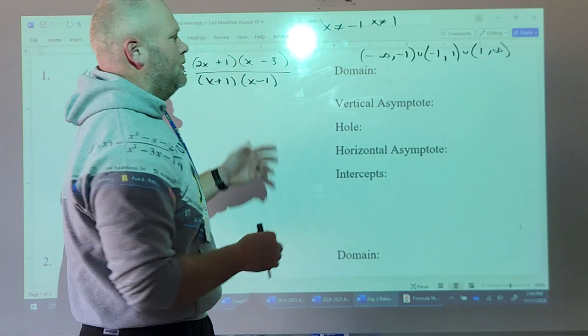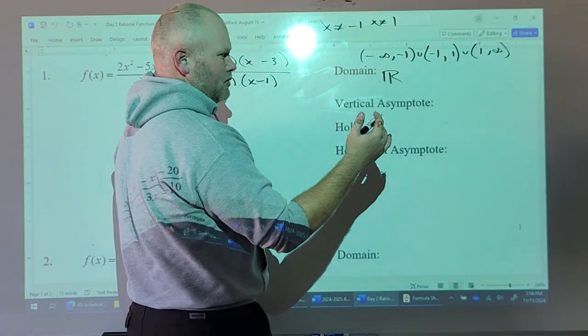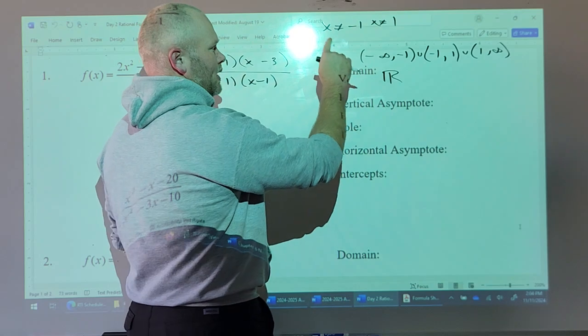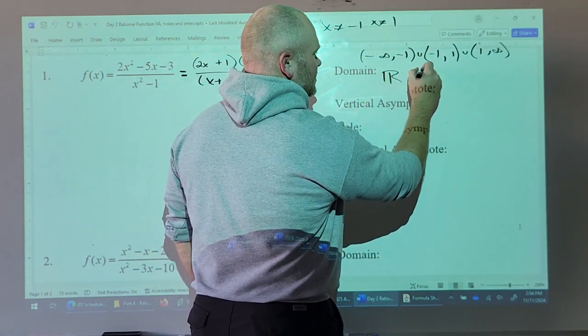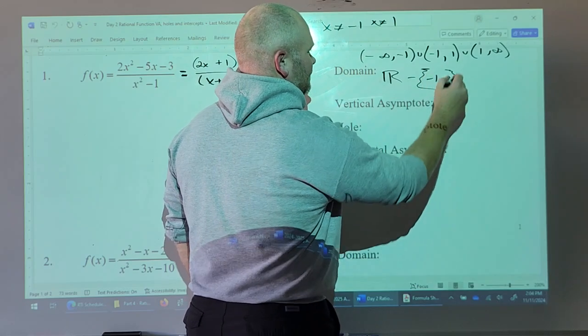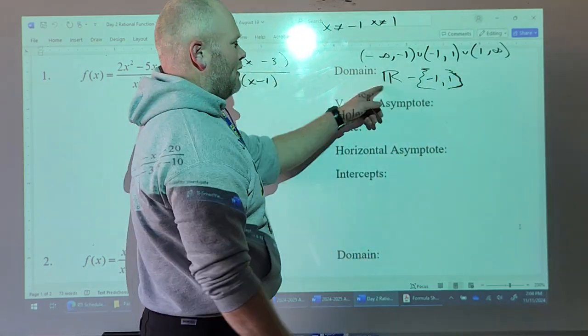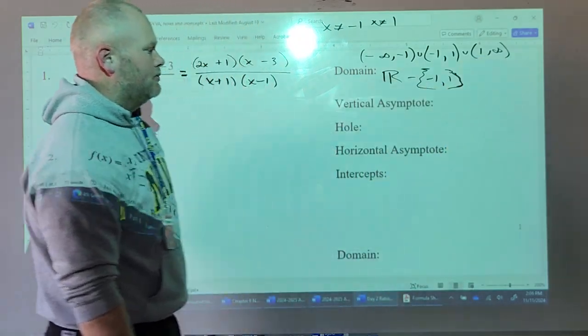It's more descriptive, but another notation would be to say all real numbers except -1 and 1. So this is telling me every real number works except these two x values.